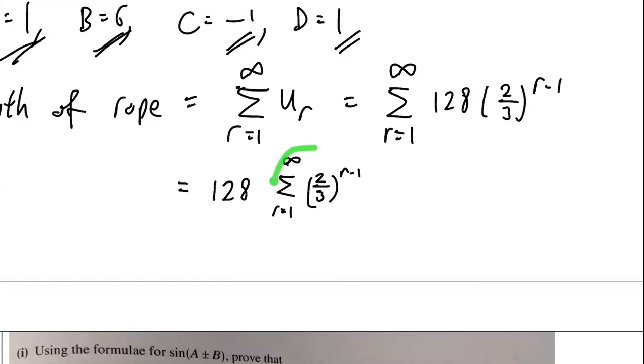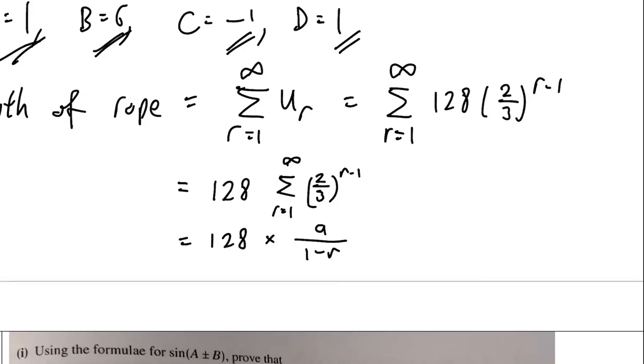You can factor out the 128, then you get 2/3 to the power of r minus 1, summed from r equals 1 to infinity. This is a geometric series, right? Times 2/3 each time. The first term, substituting r with 1: 1 minus 1 is 0, and anything to the power 0 is 1. So this will be 128 multiplied by a over 1 minus r, the sum to infinity of an infinite geometric series.